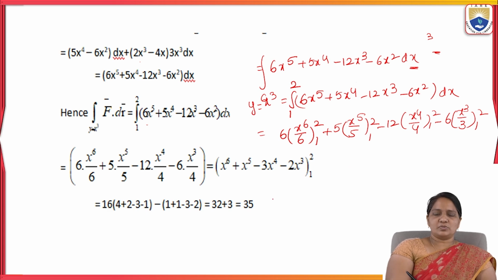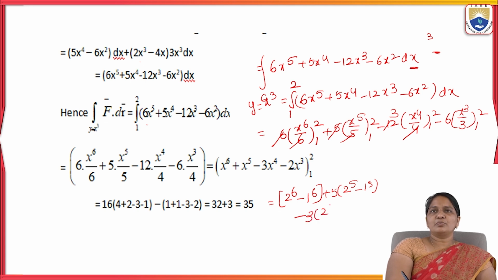Now we are substituting. So 6 will be cancelled: 2 power 6 minus 1 power 6. Here 5 will be cancelled: plus 5 into 2 power 5 minus 1 power 5. Minus, here 4 3s are 12: minus 3 into 2 power 4 minus 1 power 4. Here 3 2s are 6: so minus 2 into 2 cube minus 1.